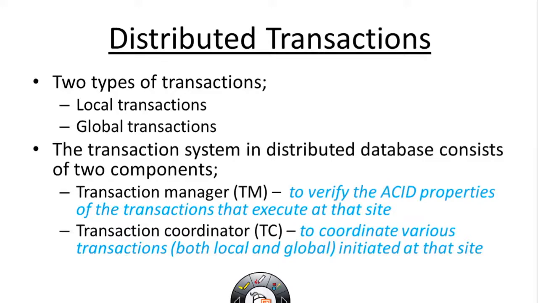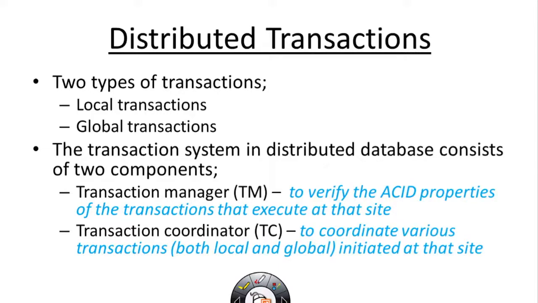So it has to look for the data somewhere else and figure out where exactly the data is stored. The responsibility of the server is to forward this request to the concerned server to get the data and give it to the end user who raised the request. These kinds of transactions are called global transactions.